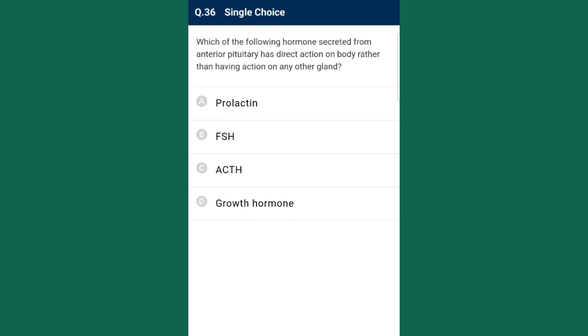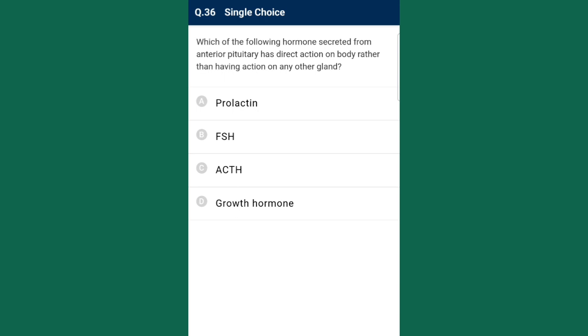Question number 36. Which of the following hormones secreted from anterior pituitary has direct action on body rather than having action on any other gland? The pituitary gland is attached to the hypothalamus by a stalk and located in a bony cavity called sella turcica. It is divided into two, anterior pituitary and posterior pituitary. Anterior pituitary is called as adenohypophysis.